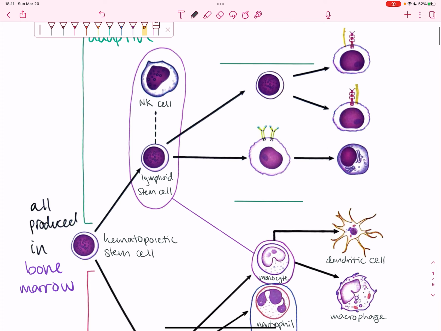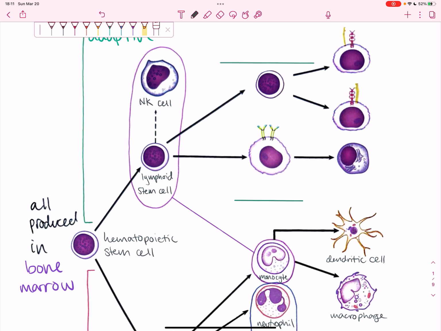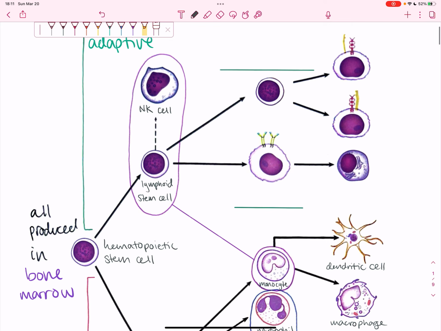And so, okay, this is now the end of the innate immune system. So you see you have these guys all circled together. I'm not sure why this is included in that. But anyways, natural killer cell, even though it comes from a lymphoid stem cell, is really a part of your innate immune system.